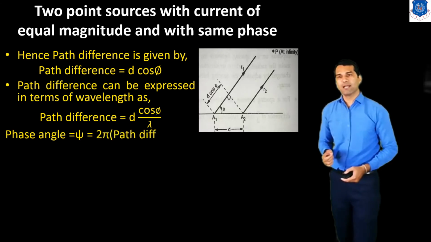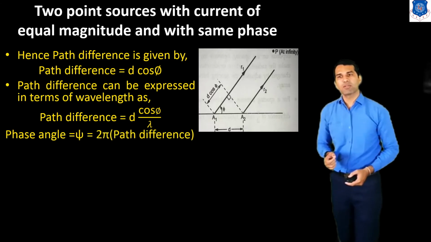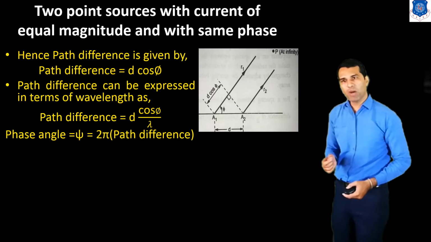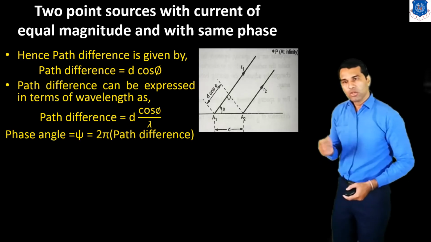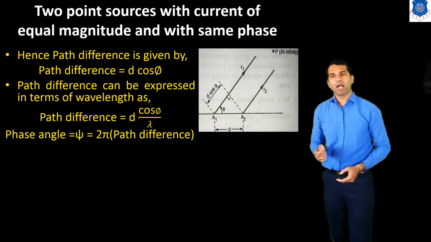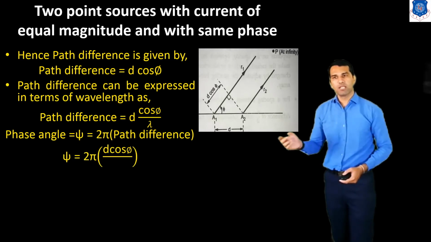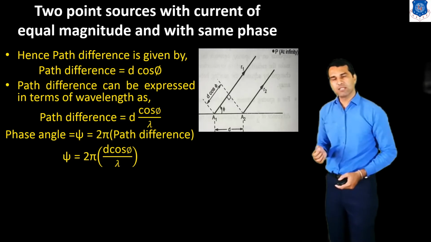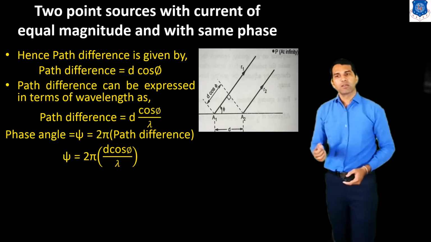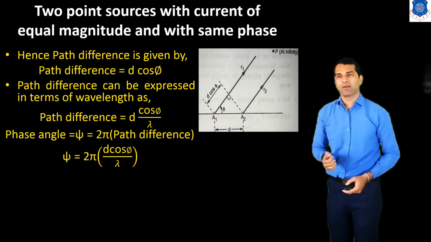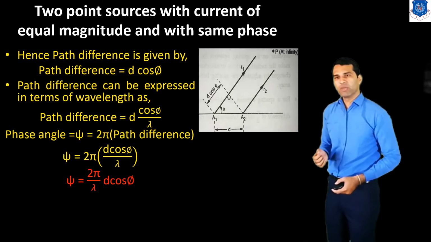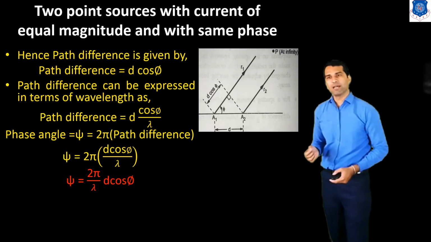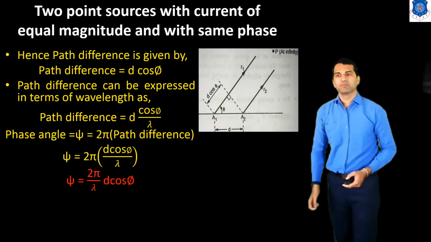So the phase angle is equal to 2 pi into the path difference. Putting in the path difference, we get psi equals 2 pi d cos phi upon lambda, that is, 2 pi by lambda into d cos phi.